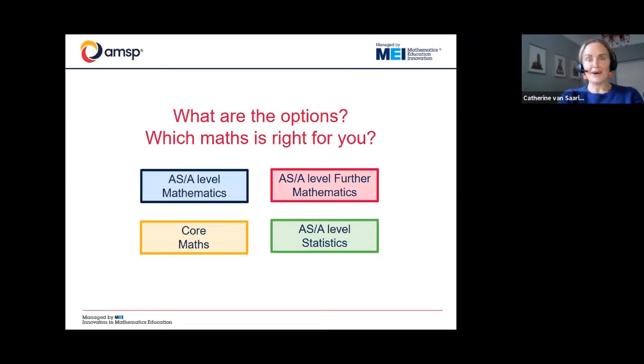There are hundreds of thousands of students who could be doing Core Maths but aren't doing any maths. At the AMSP, what we really want the language to students to be is not, are you going to do A-level maths, but which maths are you going to do? Just changing that language and having an expectation that they will do some maths afterwards would be really great.